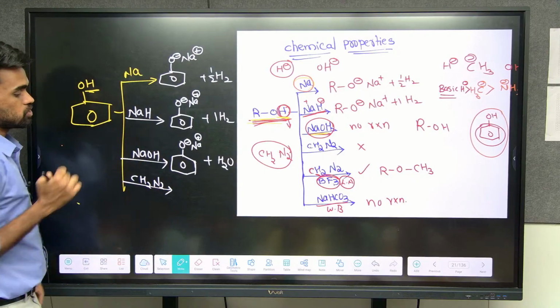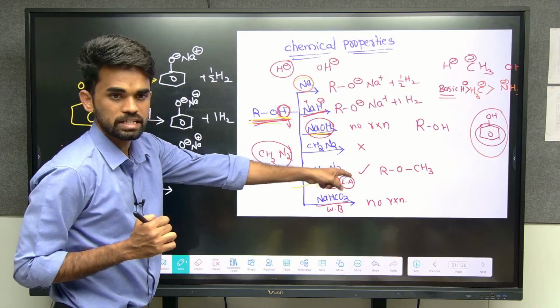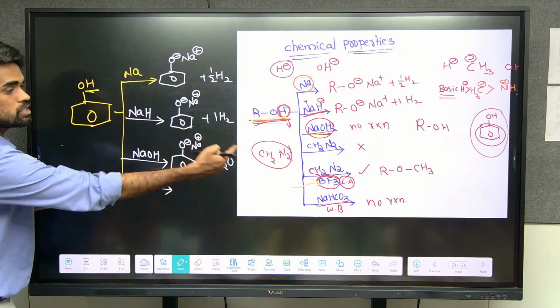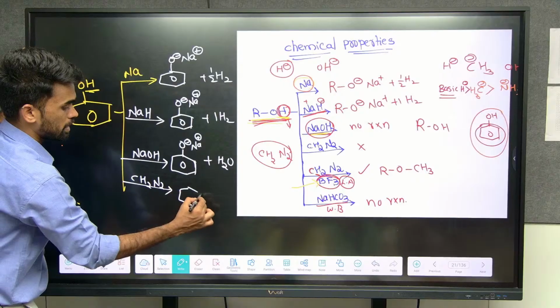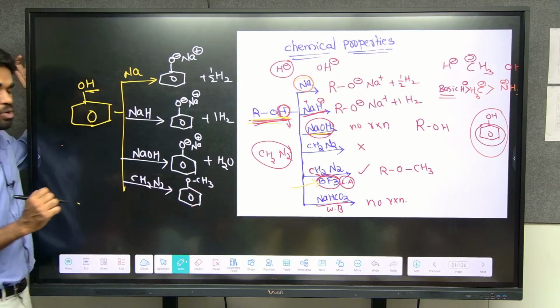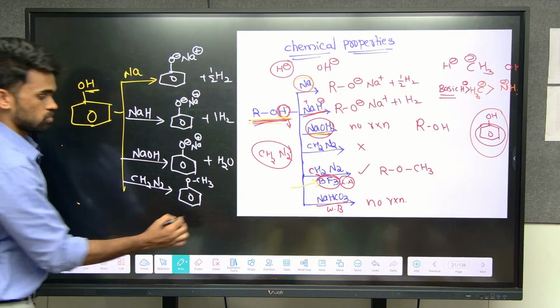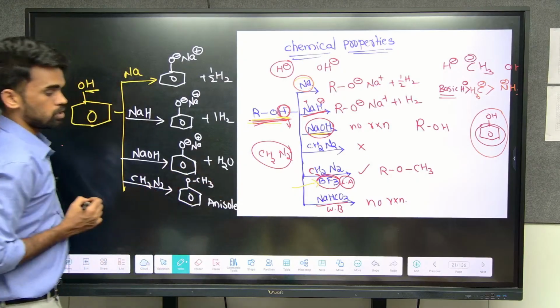Next, CH2N2. Here I am using Lewis acid, then only reaction is taking place in alcohol. If I am not using it, no reaction. Here, even without using that Lewis acid, the reaction takes place, so that you will get something like this, OCH3. What is the name of this product? It is called anisole.